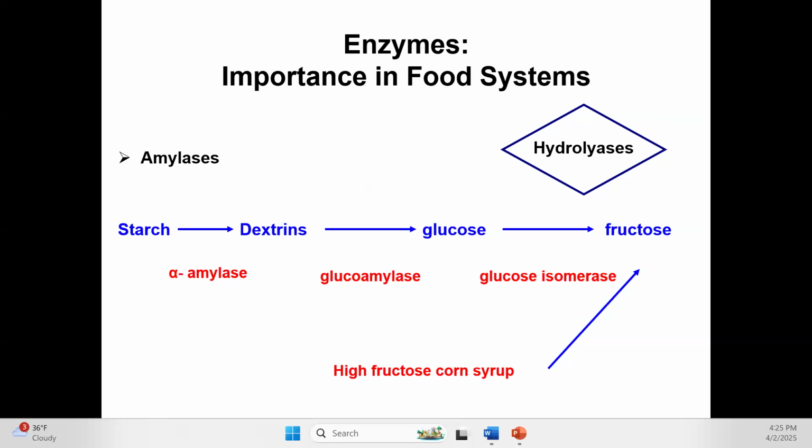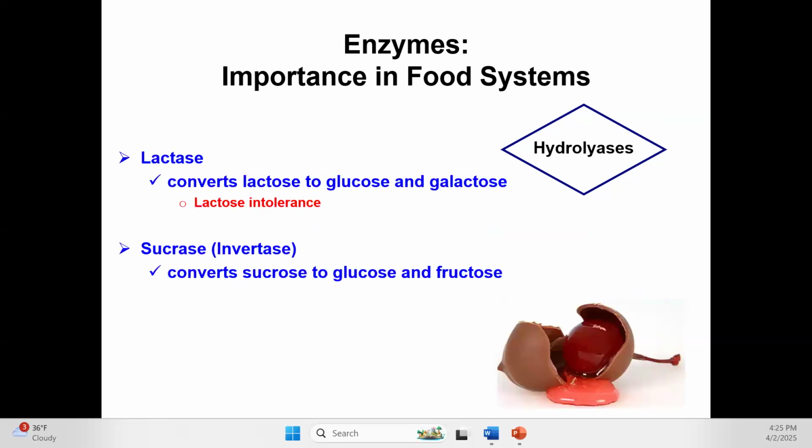Okay. Lactase is another one. Lactase is most commonly used to make milk free of lactose, for those people that are lactose intolerant. So what is another name for lactase for people? Galactase. Galactose.